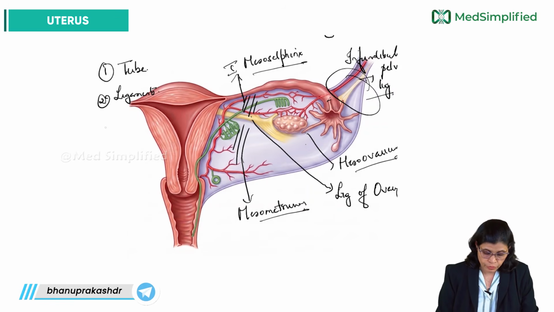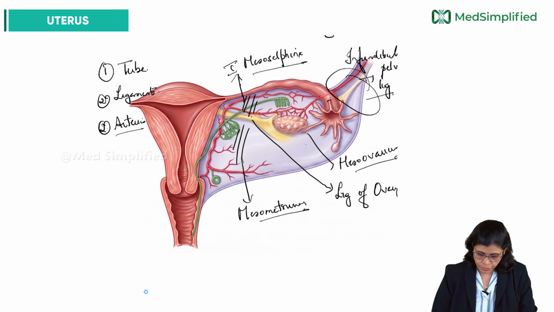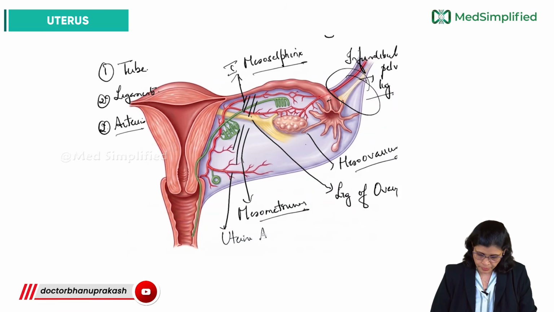Then we have two arteries: the uterine artery and the ovarian artery.